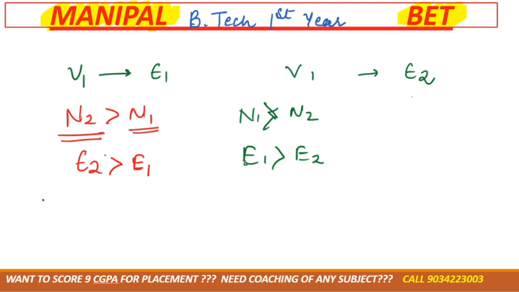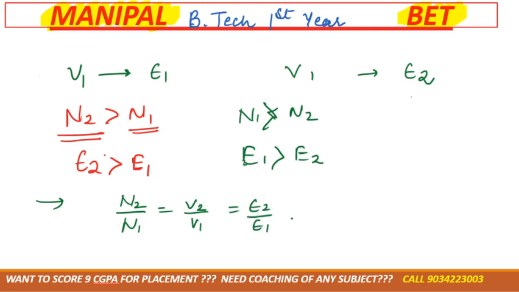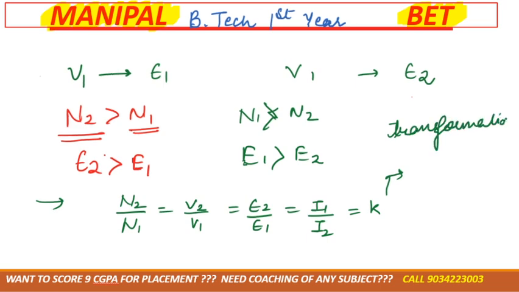For this we have one formula, that is N2 by N1 equal to V2 by V1 equal to E2 by E1 equal to K, where K is known as the transformation ratio.